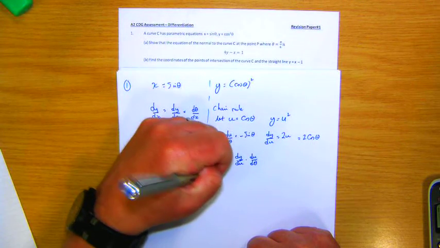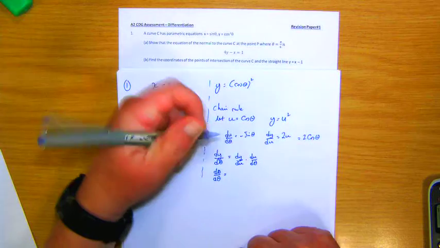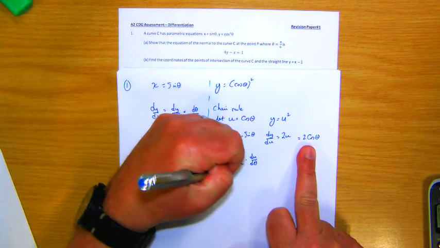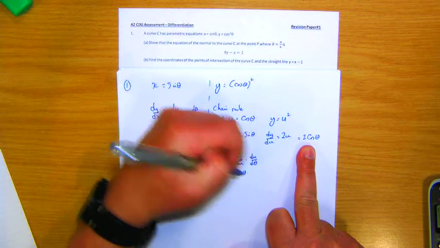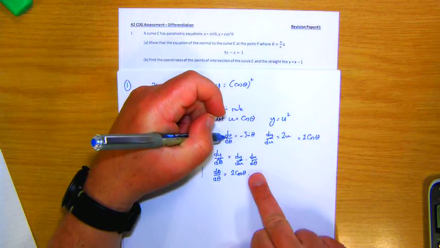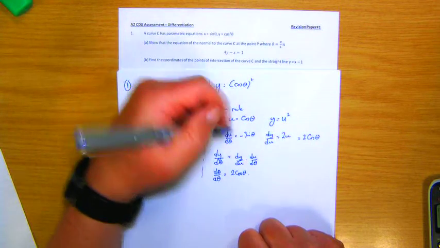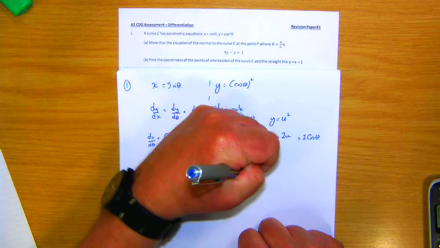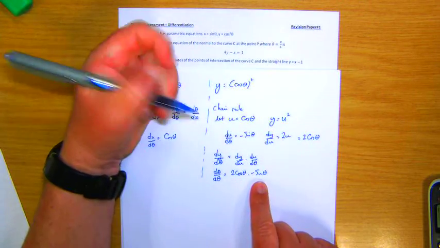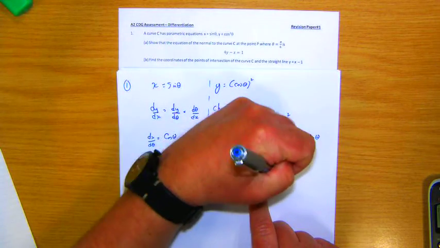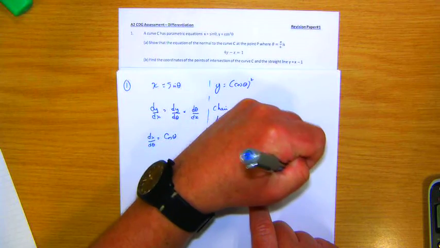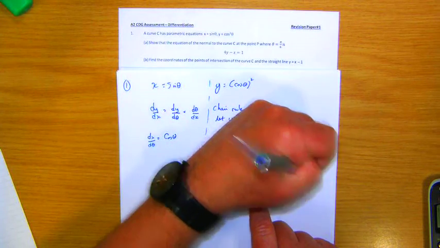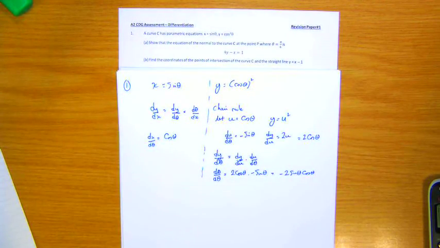So dy d theta would be dy du, which is 2 cos theta, multiplied by du d theta, which is minus sine theta. And that's not a subtraction then, that's a multiplication. So you've got minus 2 sine theta cos theta. So when you differentiate cos squared theta, you get minus 2 sine theta cos theta.